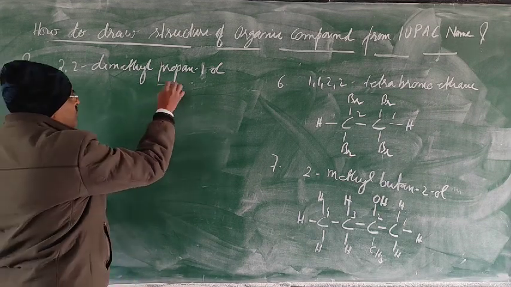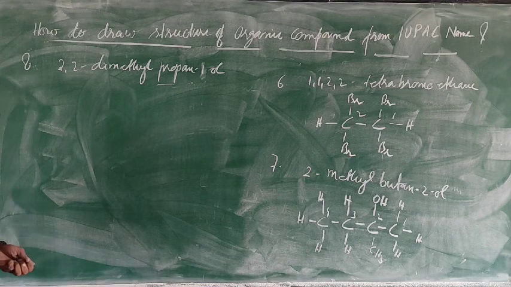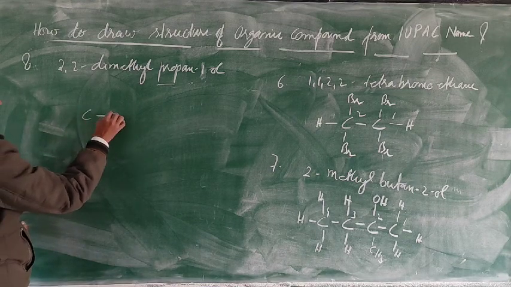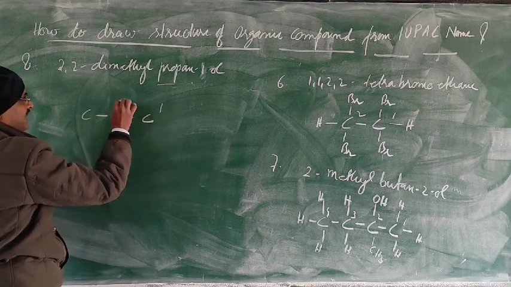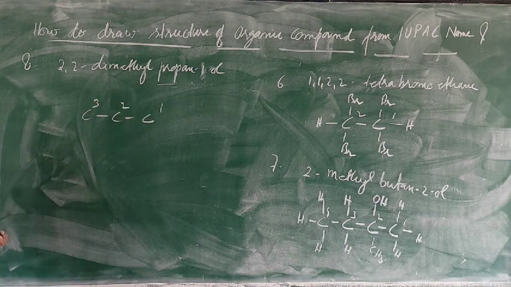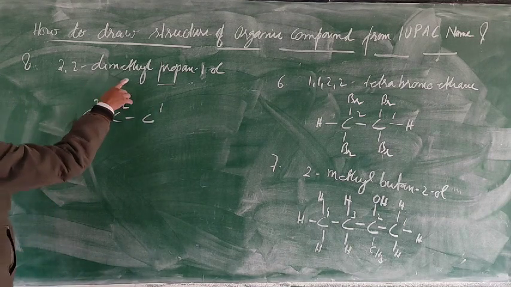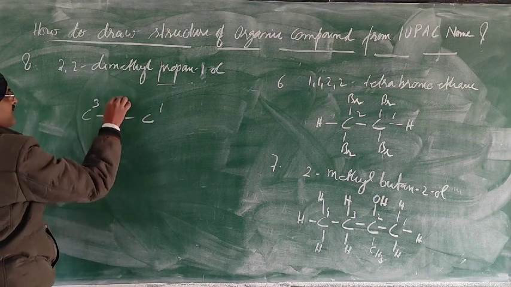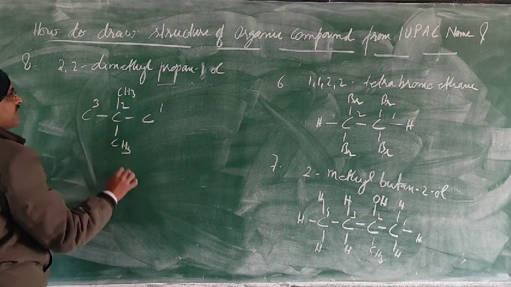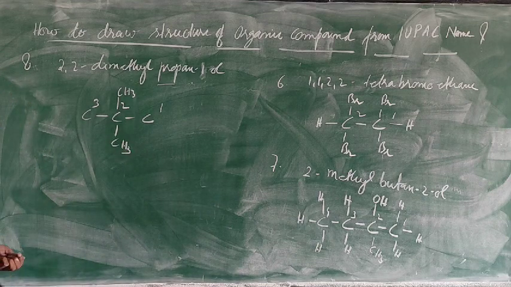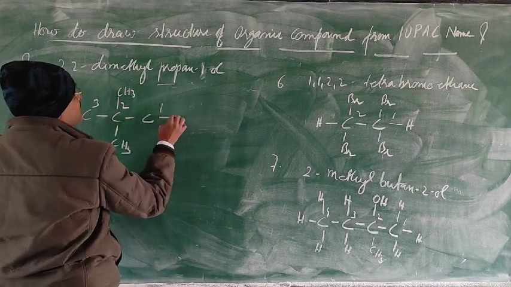So the root word is prop. It means a 3 carbon atom chain. So make a chain of 3 carbon atoms. You can do the numbering from any side. 1, 2, 3. Then on the second carbon, a methyl group is there, 2 times. 1 methyl group is here, 1 methyl group is here. Then on the first carbon, this OH group is there.